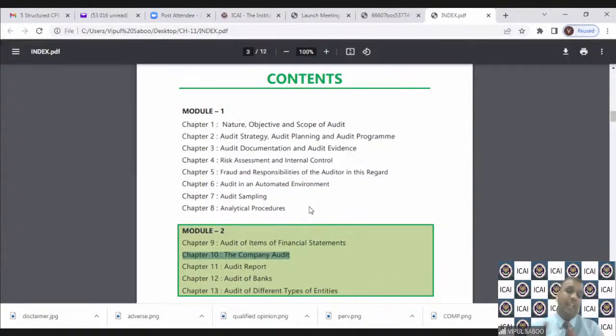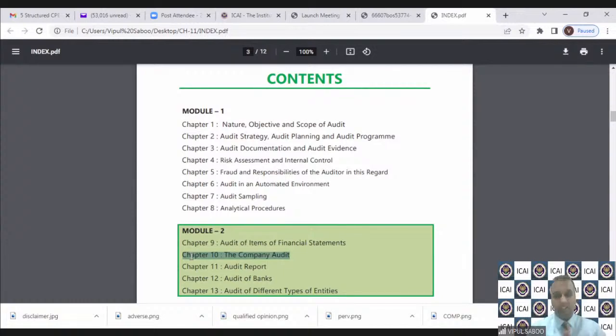So after applying the knowledge to a basic chapter, audit of items of financial statements, the concept we have been doing since our commerce days, +1, +2, graduation, whatever be your case. Now we shift to the more complex version, the company audit. So how do you audit the accounts, the basic other particulars of a company? So this was all about the company audit. The appointment, qualifications, disqualifications, remuneration, rights, duties, each and everything, every aspect covered with a company, the corporate world.